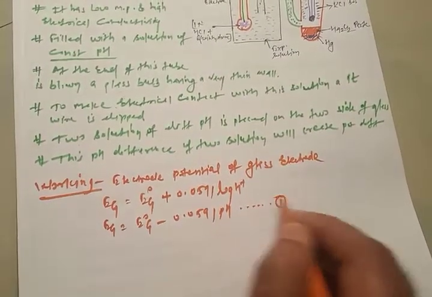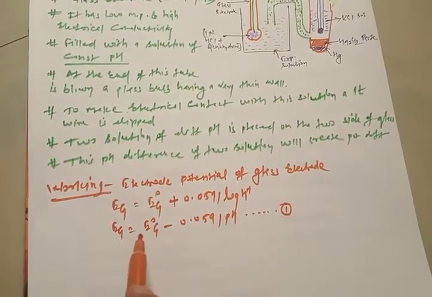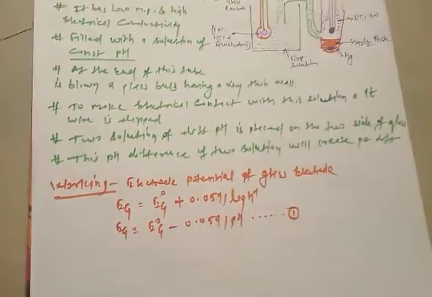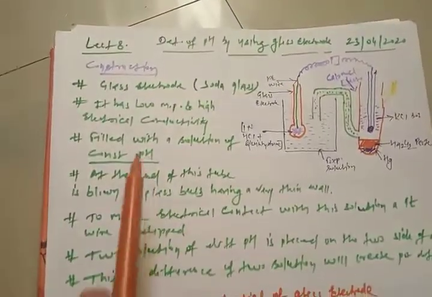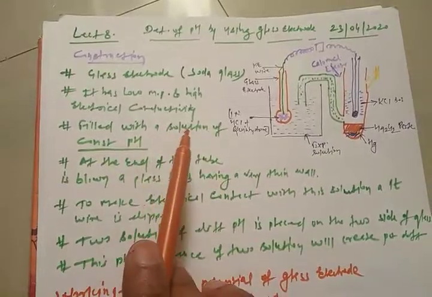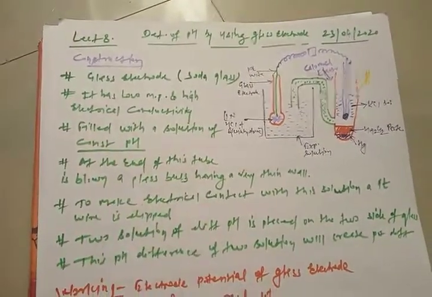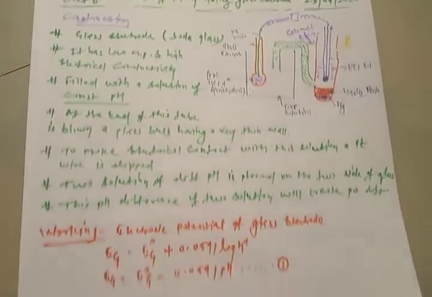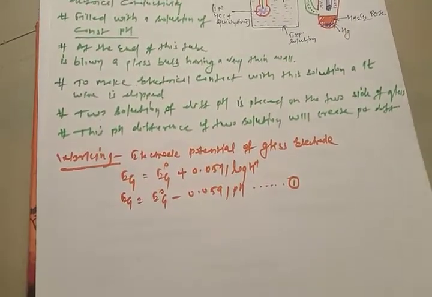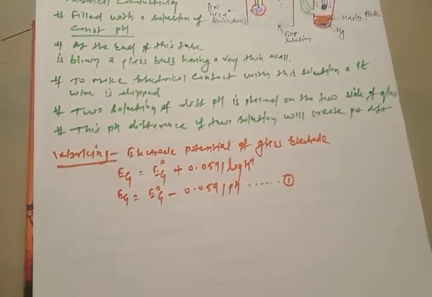This will be equation number 1. Got it? As I told you, the solution kept in that glass electrode is at constant pH, filled with a solution of constant pH. So E naught G is a constant, depending upon the nature of the glass.